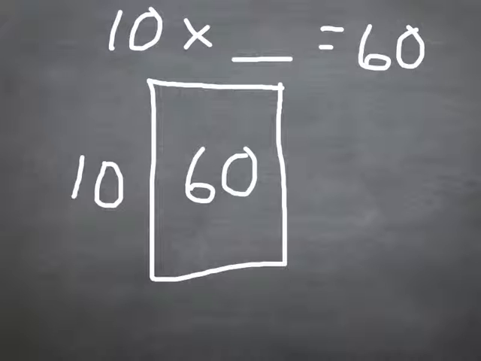Now, when we talk about area, we've given them a number of problems. For example, in this rectangle, it has a total area of 60, with the length of one side being 10. So their question would be, what is the other dimension, or what is the width of the garden, for example? And they would write a multiplication problem something like this.